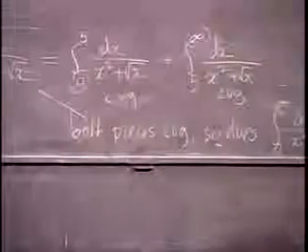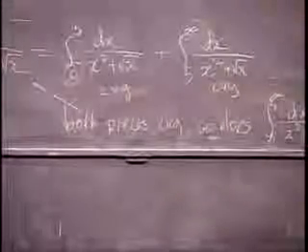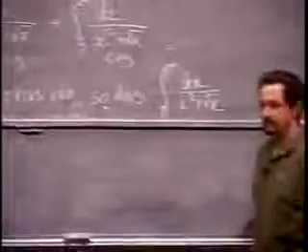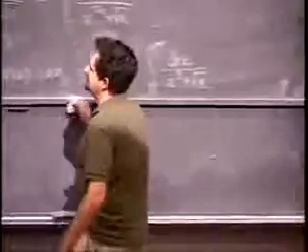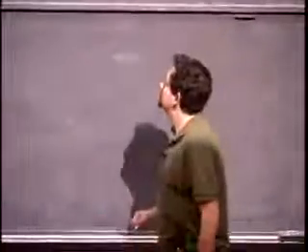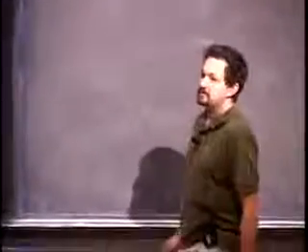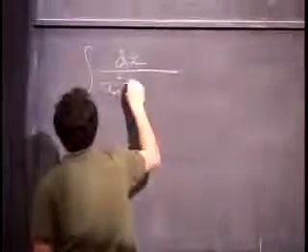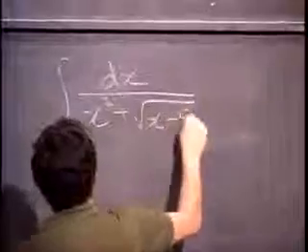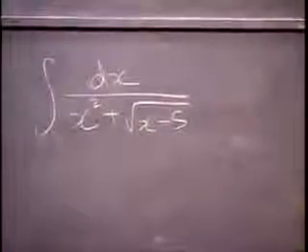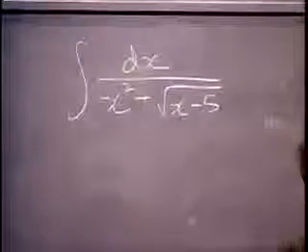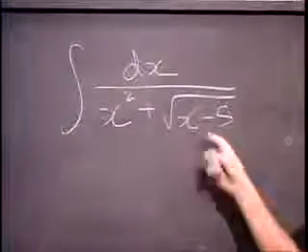Okay, so another question. What is the integral of dx over x squared plus the square root of x minus 5? From 3 to 7, and then from 5 to 7, and 5 to 6. So you're worried about this, x squared plus root x minus 5. Now, you want to go from 3 to 7, but forget that because x has to be at least 5 for this to even make sense.